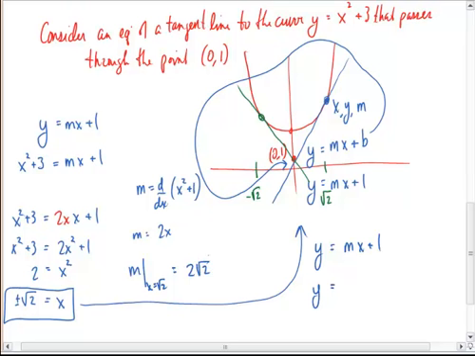So my equation of tangency will be y equals 2 root 2 times x plus 1. And there you have it. That will be my equation for tangency for the parabola, where that line passes through the point 0, 1.